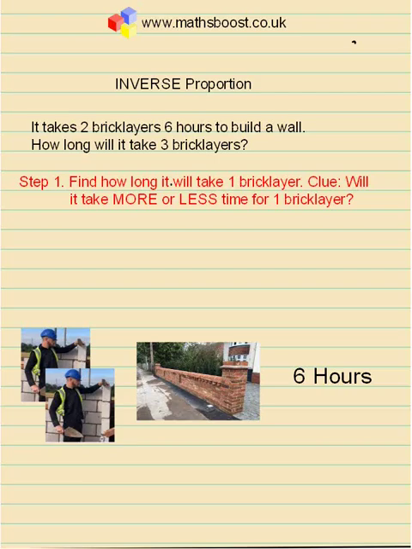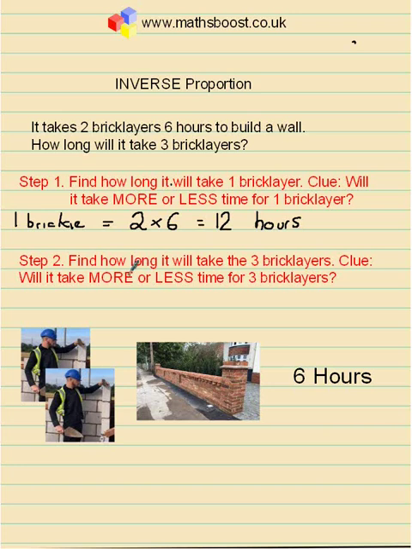Now we've only got 1 bricklayer. And hopefully you worked out with less bricklayers, it will take more time. Therefore, we multiply or times the 2 numbers together to get a longer time. So 1 brickie will take 12 hours.